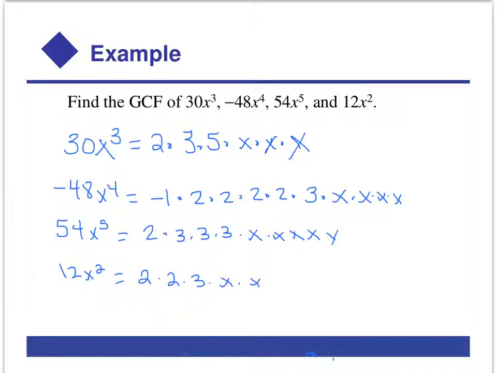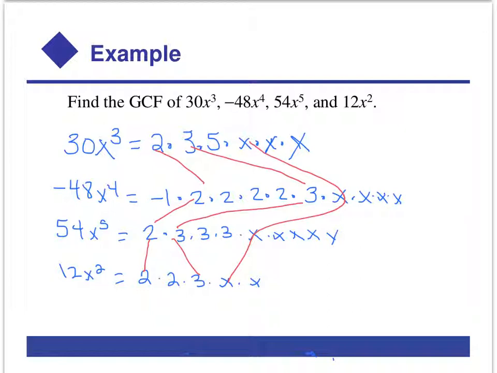Now we're just going to go through and find everything that is common, and draw connectors to them. So we have a 2 that has to be in all of them. I have a 3 in each, and then I have one set of x's in each one and one more set of x's in each one.